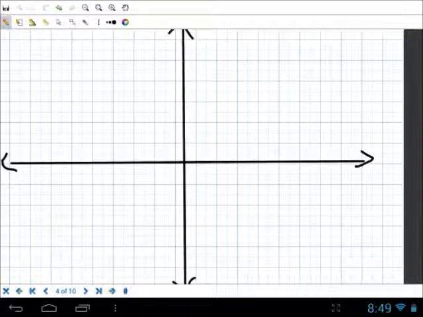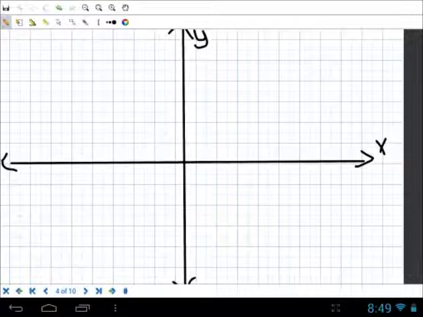The reason why you put arrows is because these lines go on for infinity. So this is just a way of saying this line keeps continuing, but we're focused on this area between those two arrows. So this is always the x-axis again, and this up here is always the y-axis.